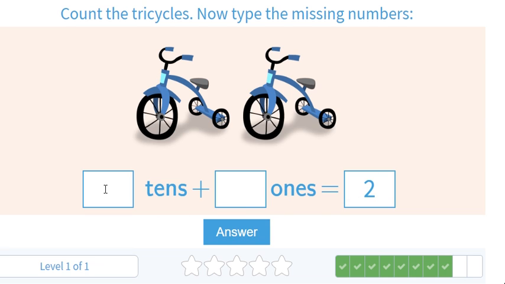And when there's nothing there, that just means that there's 0. There's 0 tens, because there is no tens. It doesn't show any 10s here before the number 2. I just have 2 1s. So we'll put 2 1s right here. And that equals 2. And we know that because we can only see 2 tricycles.